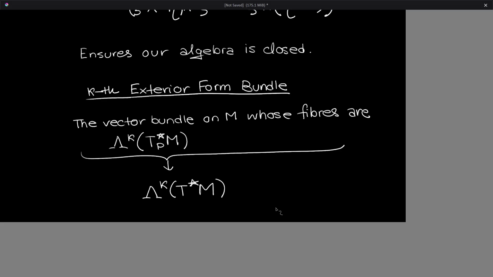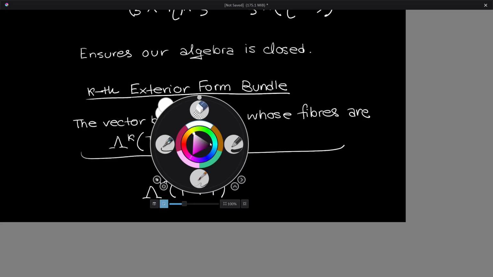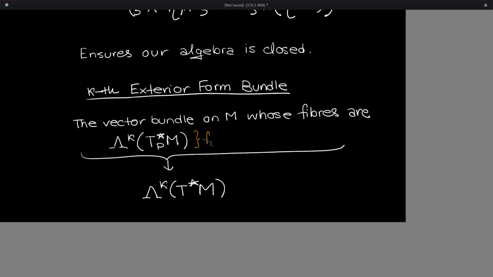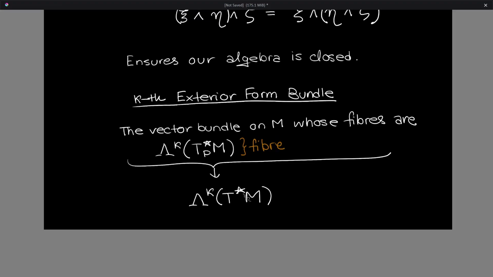And to recap what we were talking about with vector bundles, the vector bundle is an aggregation of all the fibers. So this is what we would consider the fiber here, right? So if we merge them all together, we get this bundle, and we want to take a section out of this bundle. So if we take a section out of this bundle, what happens?